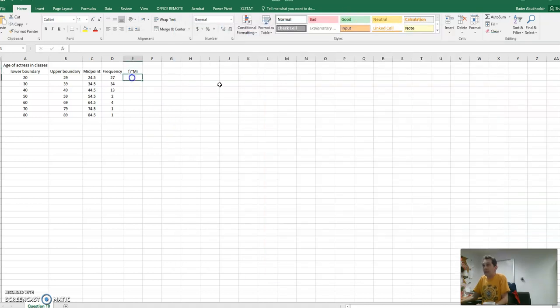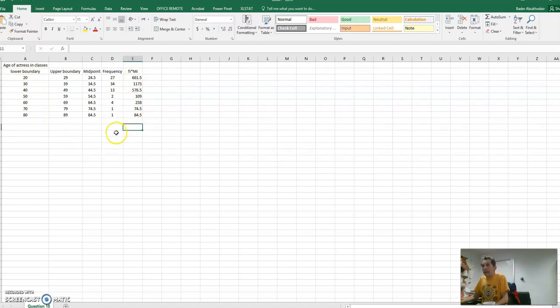This is really easy to do because you have the frequency, then you multiply it by the midpoint, and the midpoint is over here, and that's it. You just fill up the whole rows over here, the whole classes. So you have 7 classes, so I filled it up.